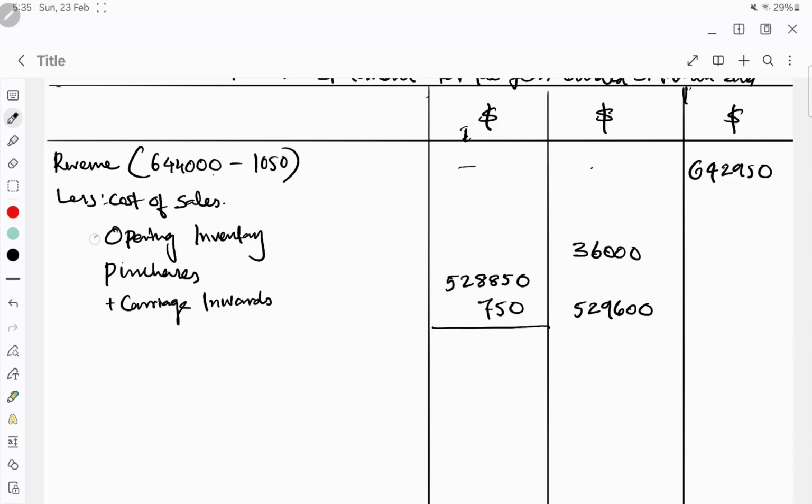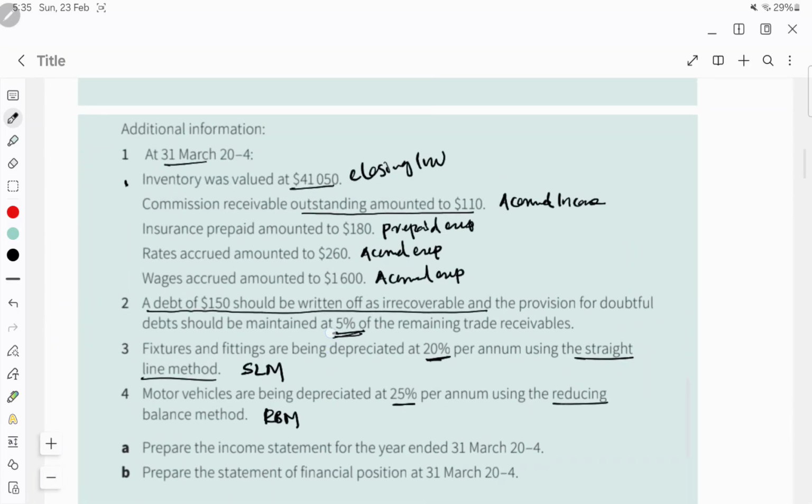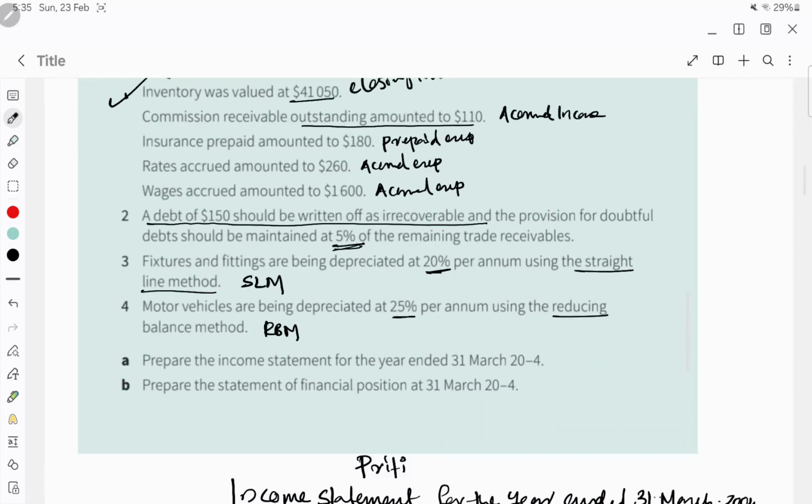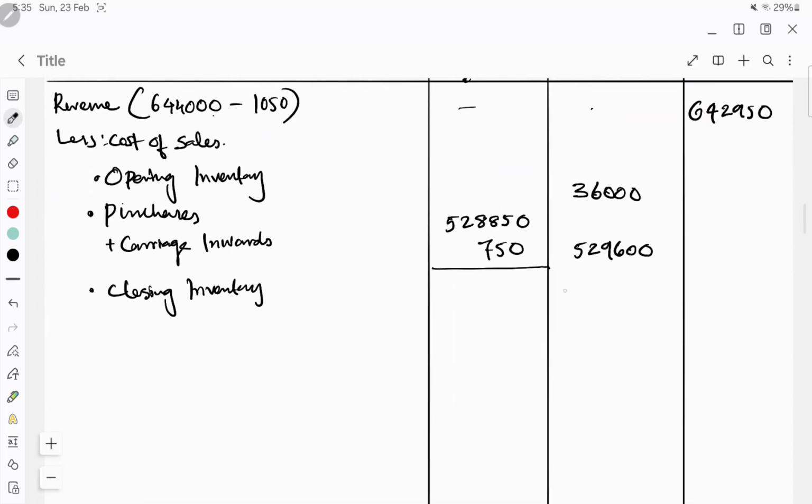Okay, then opening inventory, this is net purchases minus closing inventory. See, closing inventory which will be available in your additional information, it's 41,050. So that should be deducted, 41,050.